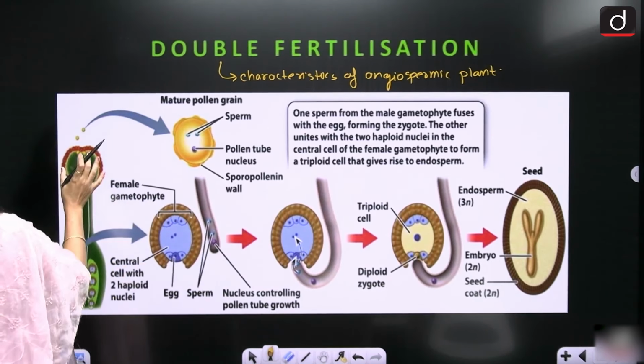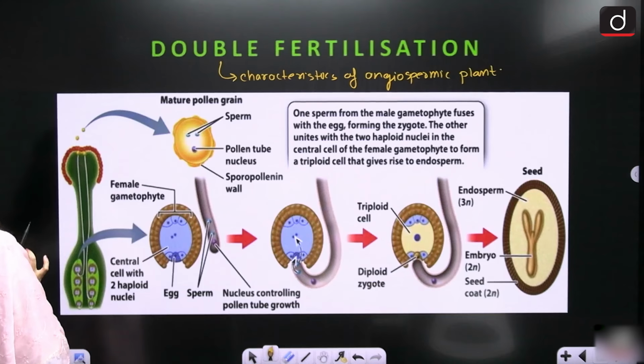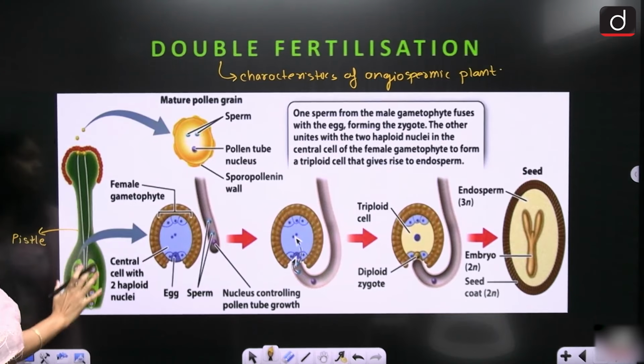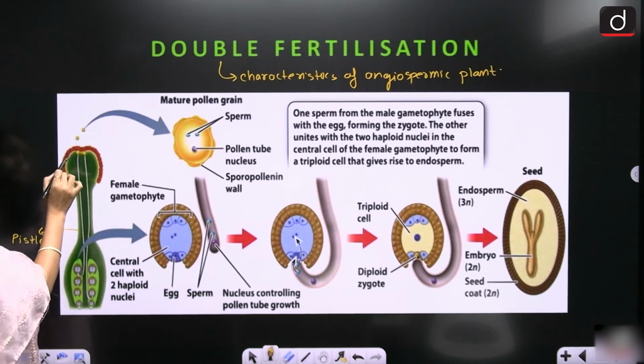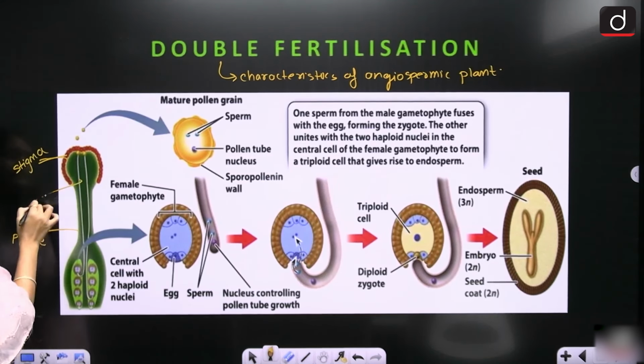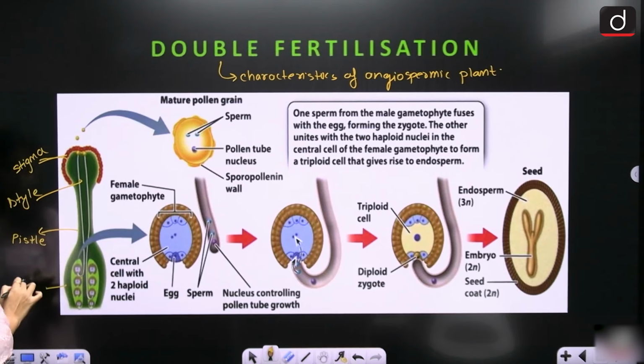See, this is your female gametophyte, or you can say female reproductive part called the pistil. Now you know that this pistil has three parts. This is your stigma, this tube, style, ovary.